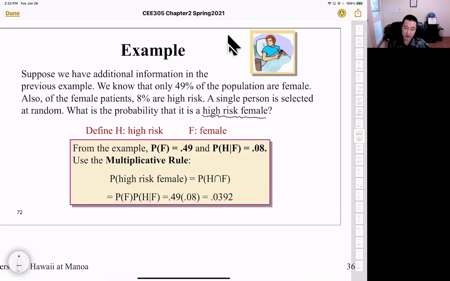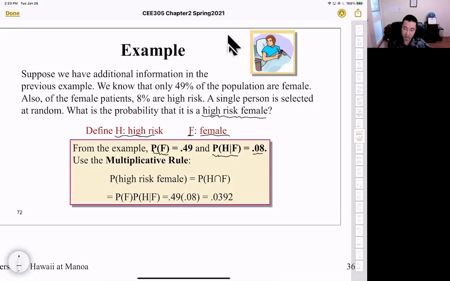First of all, we define H as high risk and F as female. The question tells us the probability it is female is 49%, and also that when it is female, the probability she is high risk is 8%.